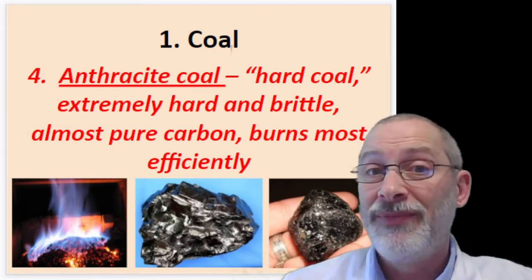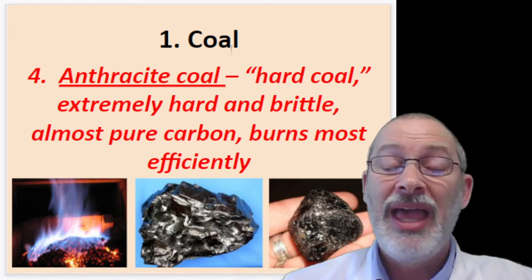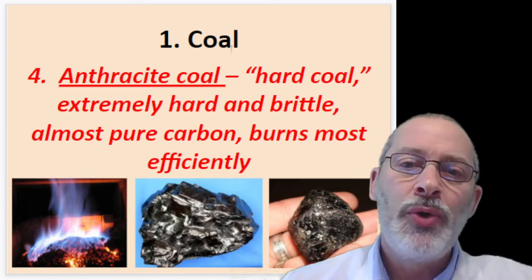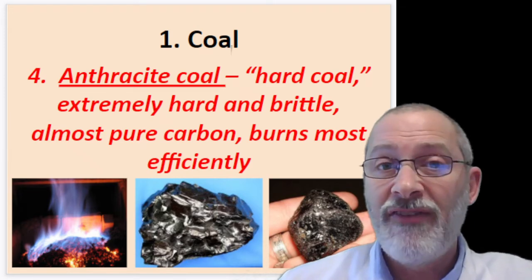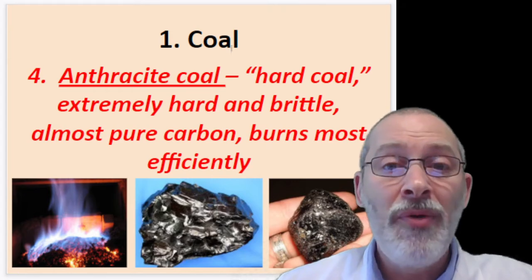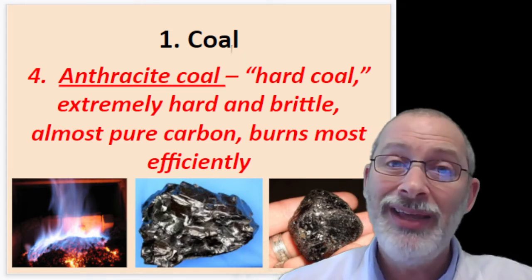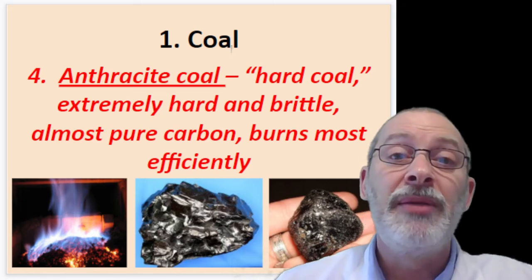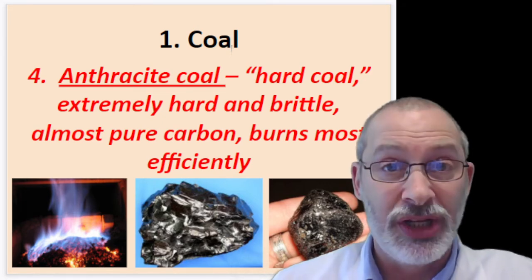Now, here's the deal. Anthracite coal is so old that most of the impurities have been removed from it. Anthracite coal is almost pure carbon. Not exactly, but it's almost pure carbon, which means it burns most efficiently.